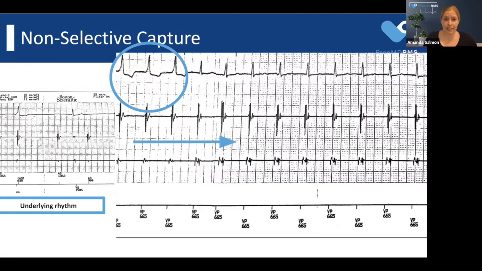As we are decrementing energy down, as I mentioned earlier, fusion usually happens at higher outputs, and selective or pure His usually happens as we decrement down, if we're able to get it for patients. So for this particular patient in this strip, we start with non-selective capture at higher outputs, and as we decrement down, we actually get pure His or selective capture, as we can see a clear morphology change.